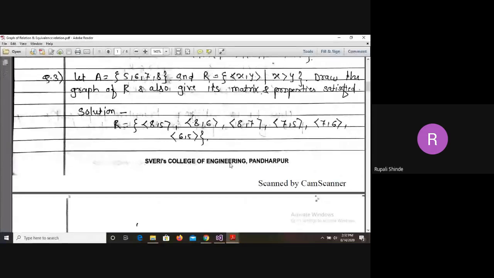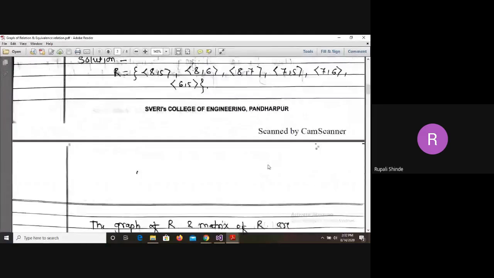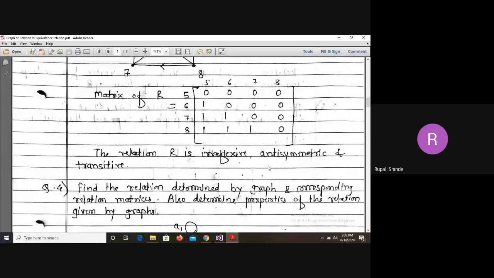And now check whether it is transitive. Yes, ma'am, the transitive property is there. Yes, that's right. This given relation is irreflexive, antisymmetric, and transitive. These three properties are satisfied by relation R. Okay.